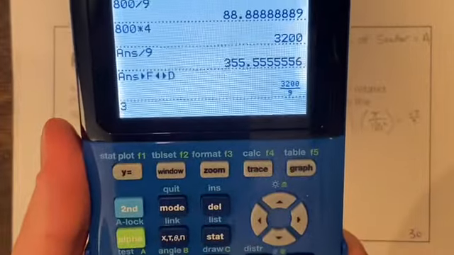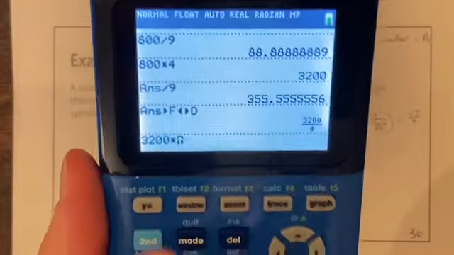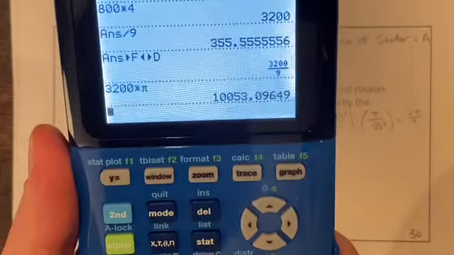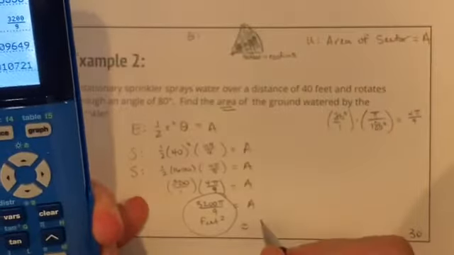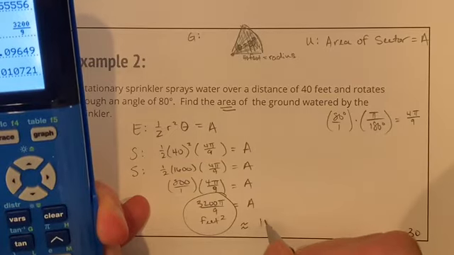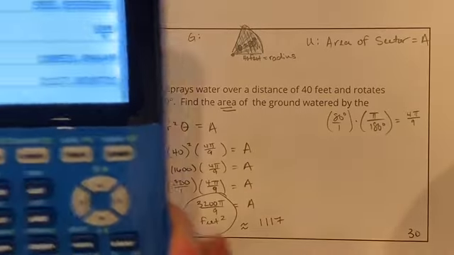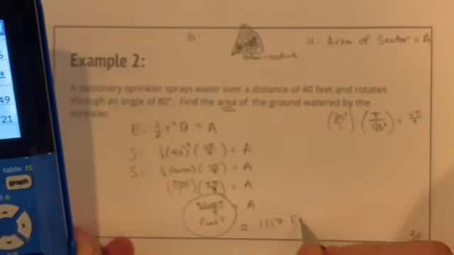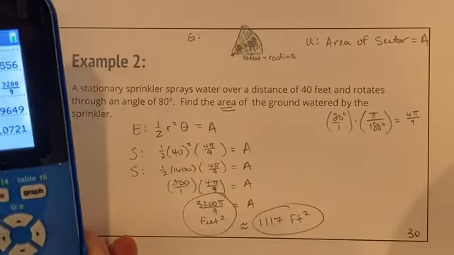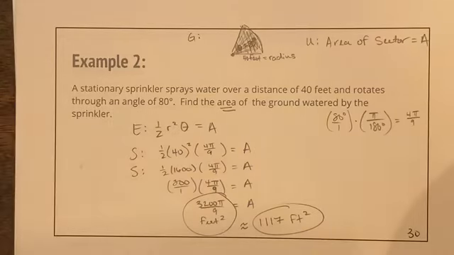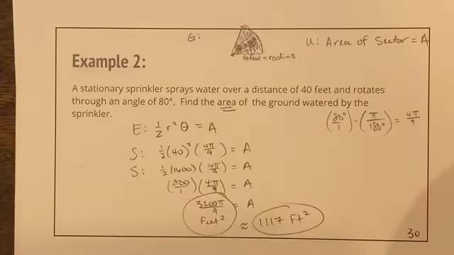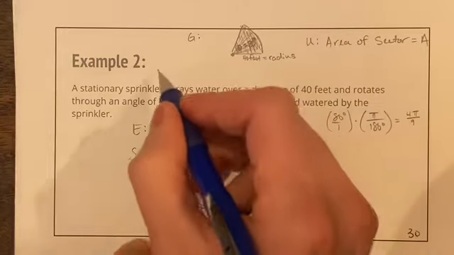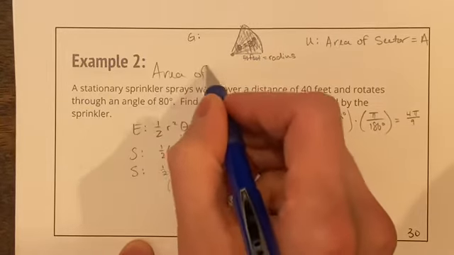We'll do 3,200 times pi, and then divide that by 9. So we get approximately 1,117, and then that would be our final answer, square feet. So that's approximately the area that's covered in this space here. That's the area of a sector. So that's the problem.